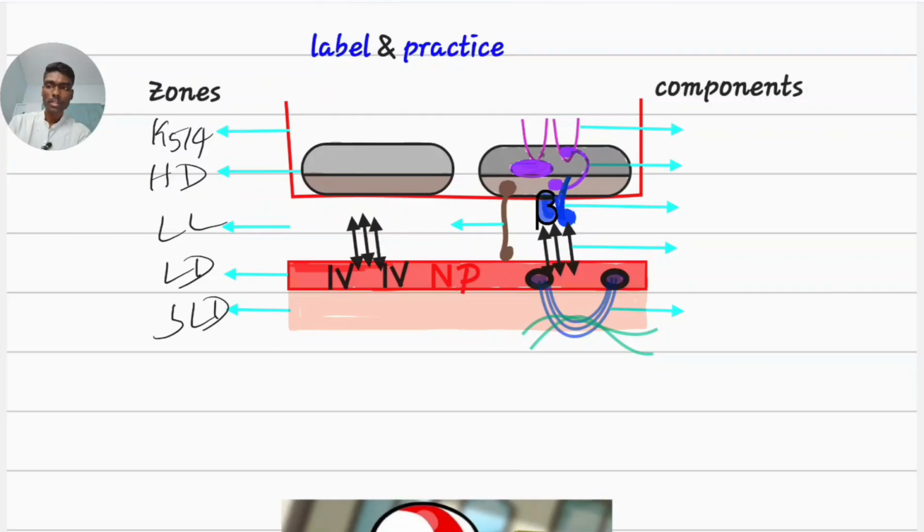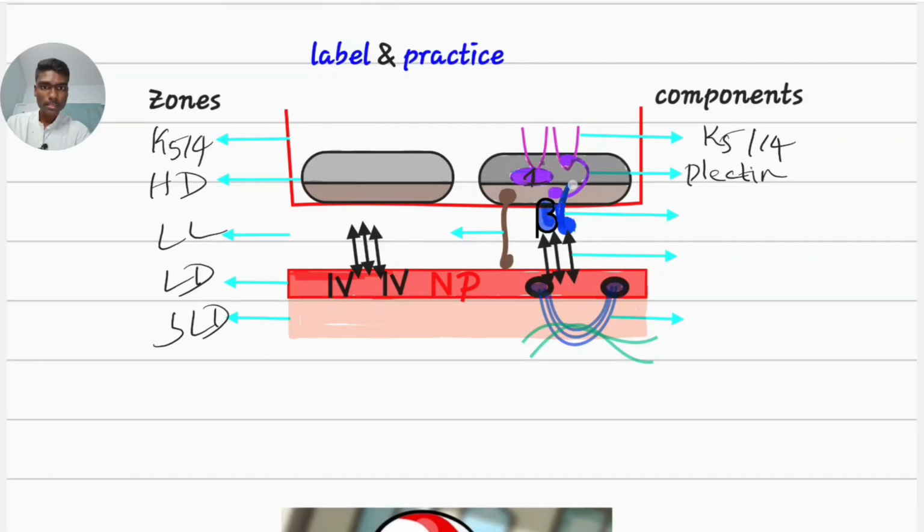Here we will write individual components. Keratin 5, 14, plectin. You can see in the inner dense block 2 structures, plectin and BPAG1, which in turn connect to the outer dense block.